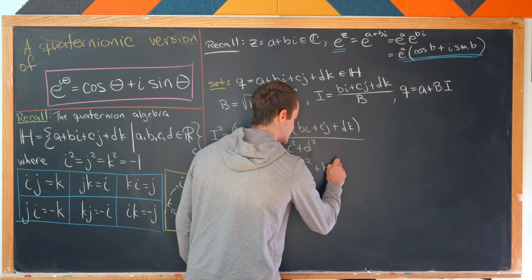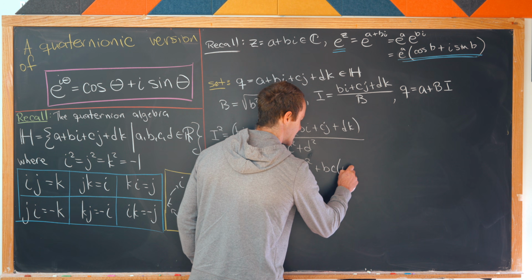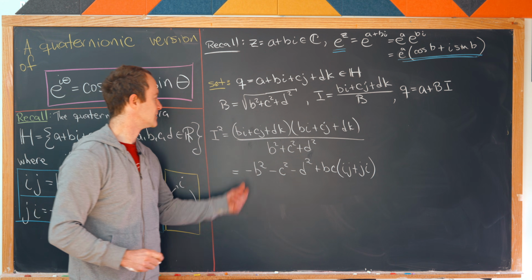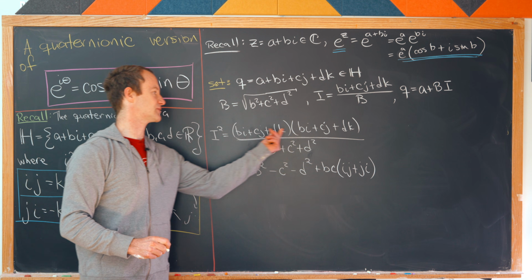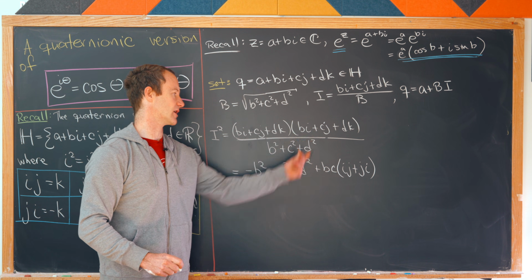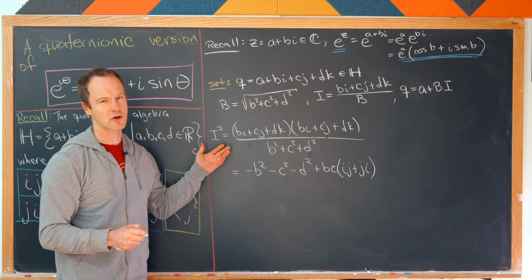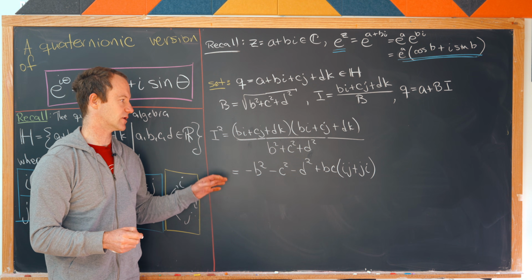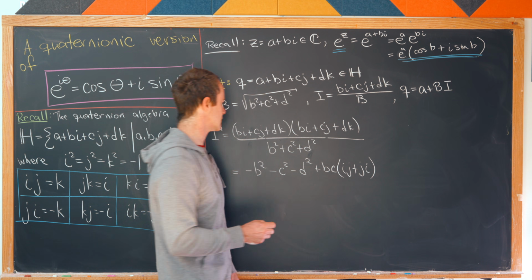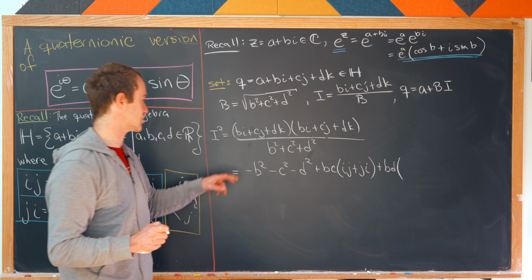And then let's see what else we have. We have plus b times c, and that's attached to i times j plus j times i. It's i times j from this product right here, and j times i from this product right here. Notice the real coefficients commute with everything, so that's why we're able to pull them out like this. Then let's also look at b times d and its coefficient.